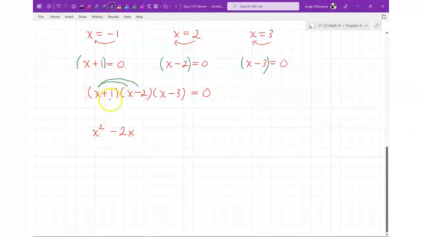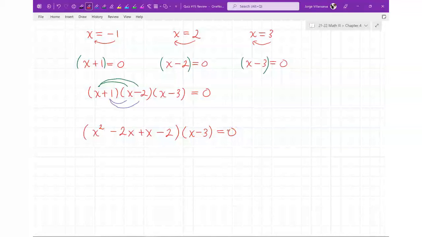And now let's do the same thing with that positive 1, okay? The positive 1 times x and the positive 1 times a -2. That's a plus x minus 2, times x minus 3 equals 0.